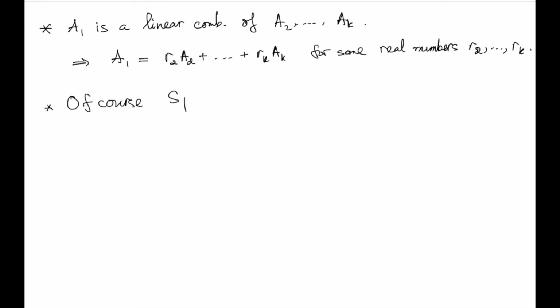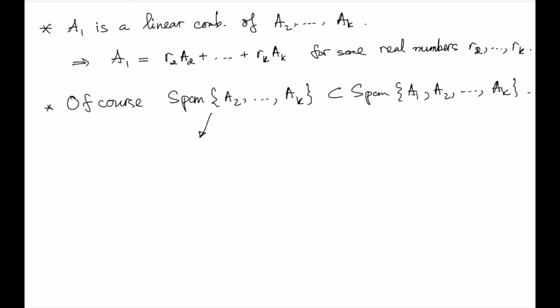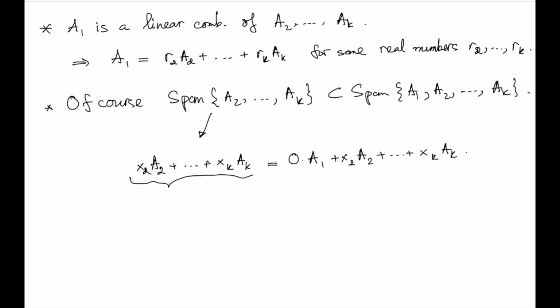Of course, if you span from fewer vectors, you will expect something smaller, right? Because anything from here will have the form X2 A2 plus ... plus XK AK. I'm not using R to avoid the confusion with the A1 here, so I'm using other notations. But this is the same as 0 times A1 plus X2 A2 plus ... plus XK AK. So a linear combination of fewer vectors can always be rewritten as a linear combination of more vectors.